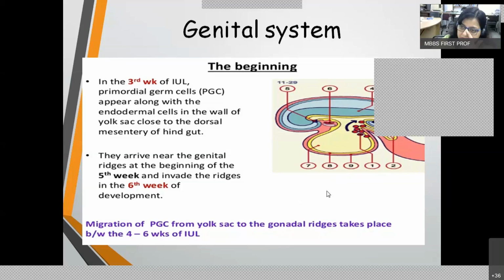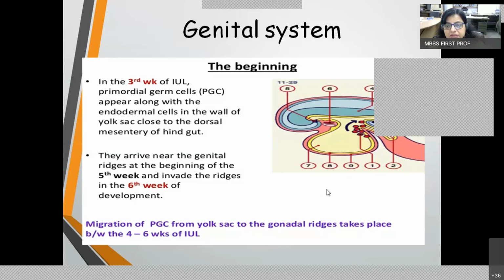Genital ridges are developing from the intermediate mesoderm medially. So the dorsal mesentery is lying very close to the genital ridges, and by the amoeboid movements, these primordial germ cells are migrating towards the genital ridges.